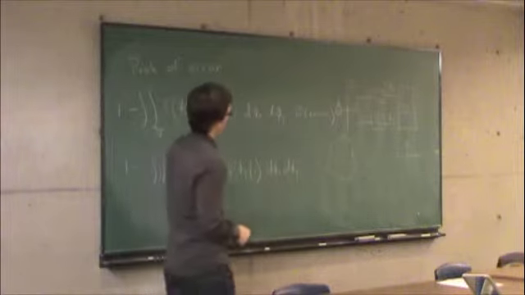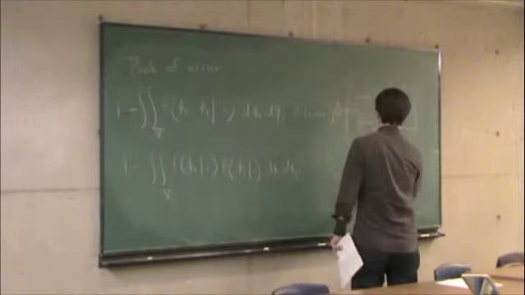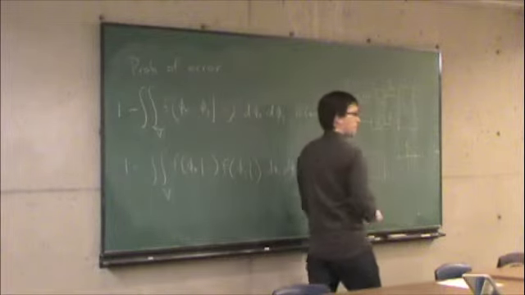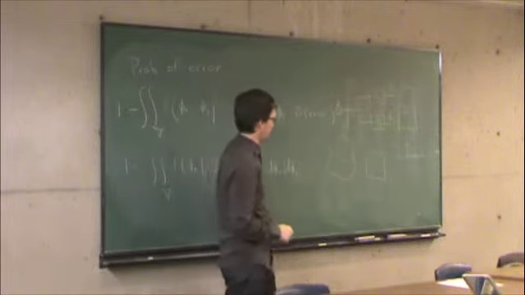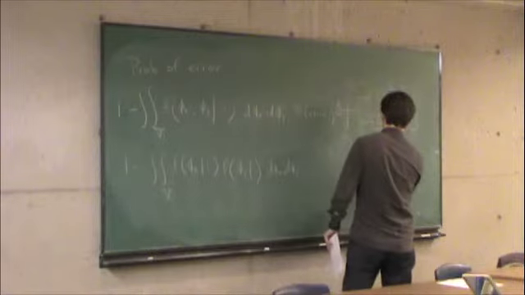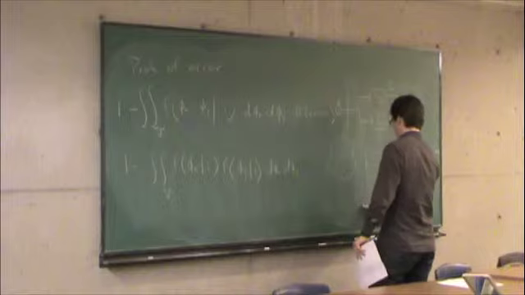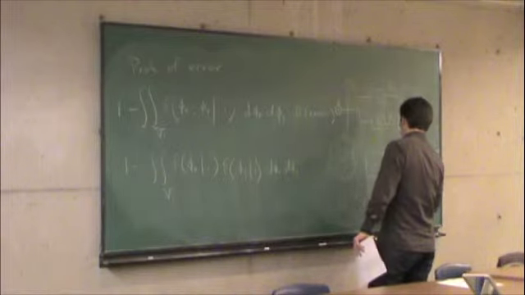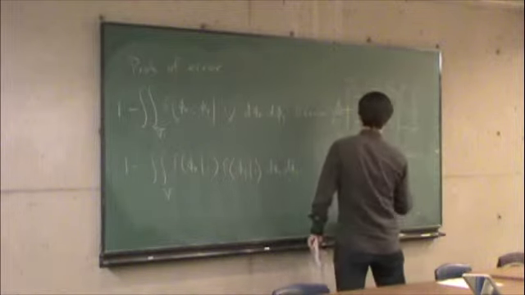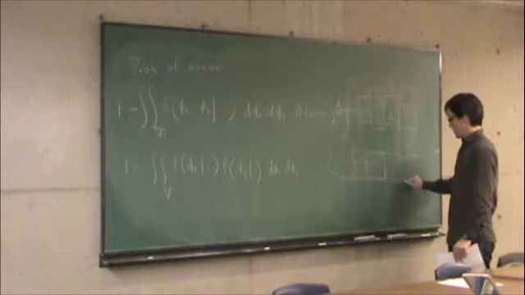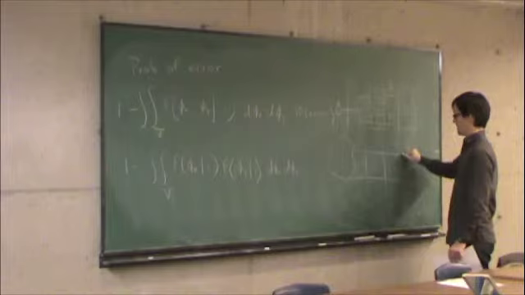But if the Voronoi region is rectangular, then we can simplify. By rectangular I mean in the x direction limited between x min and x max, and in the y direction limited by y min and y max.